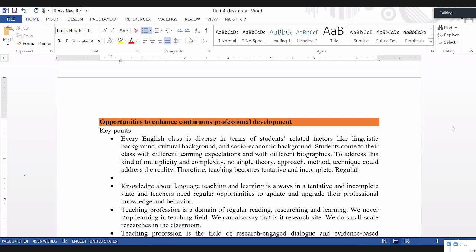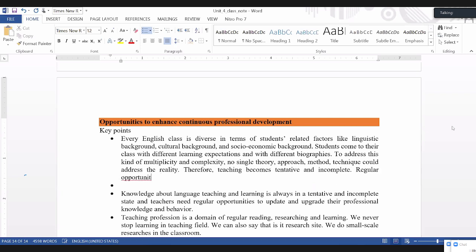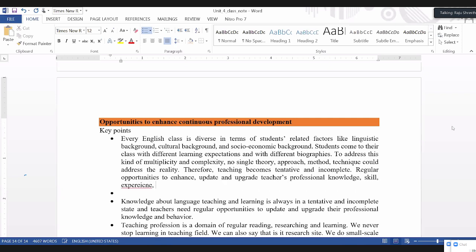Regular opportunities to enhance, update, and upgrade teachers' professional knowledge, skill, experience, behavior.